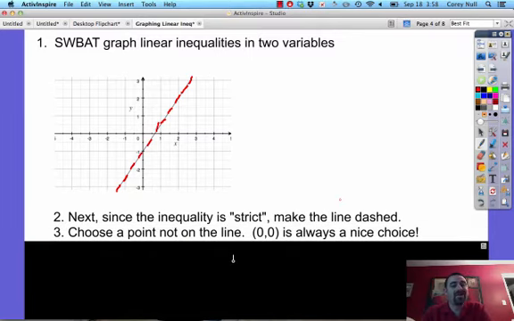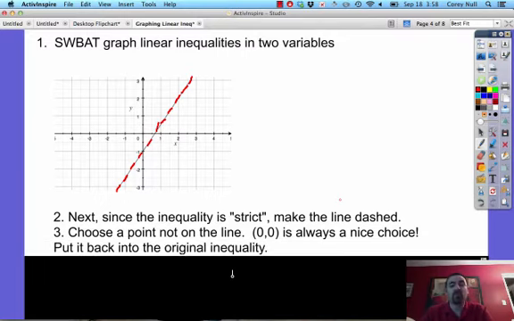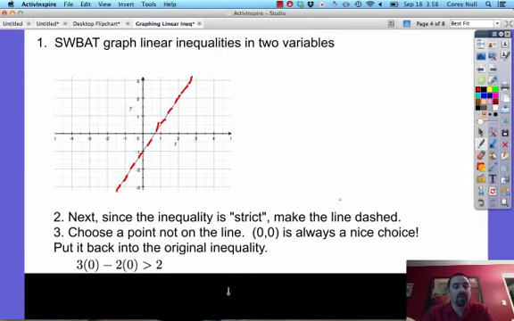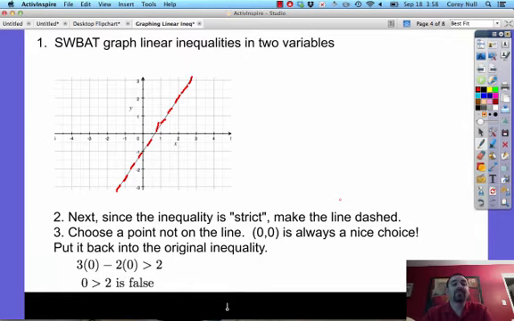Next thing we do is choose a point not on the line. If you've got an option, always choose 0, 0. It's an easy number to choose. So we plug that into the original inequality: 3 times 0 minus 2 times 0. Is that greater than 2? Nope, that's false.